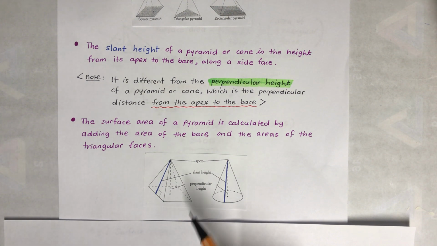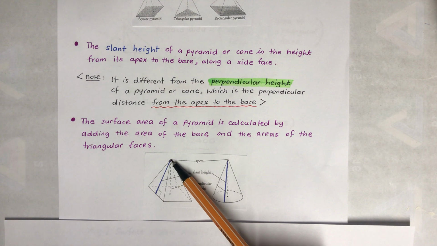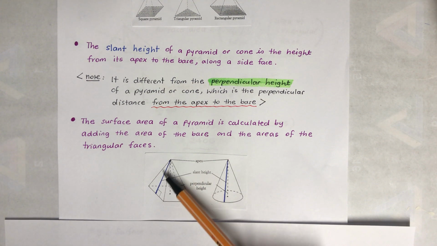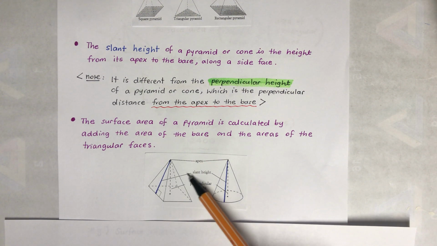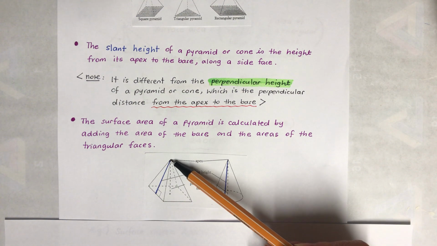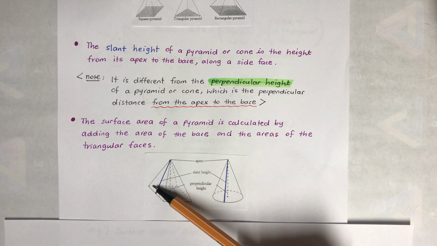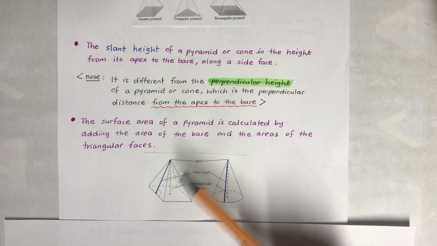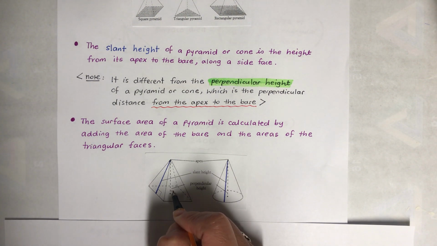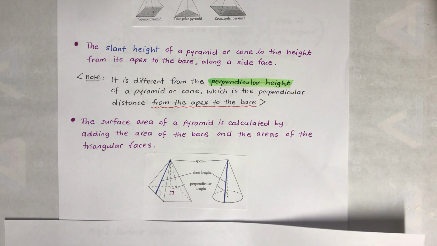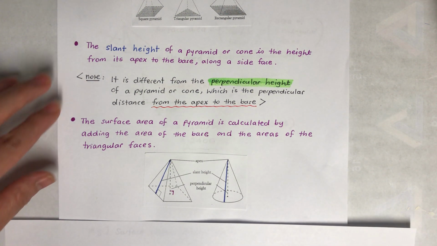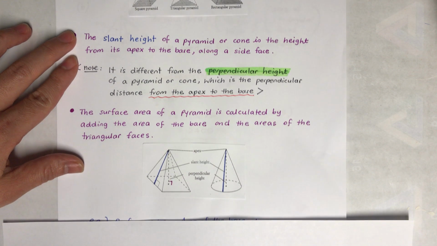Here, from the apex on the top to the base, but along a side face, is the slant height. From the apex to the base, perpendicular to the base, is the normal height. It's called the perpendicular height, and it's what we normally think of when we think about height.